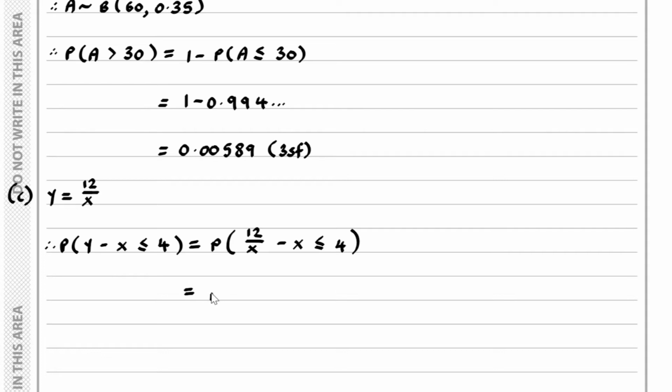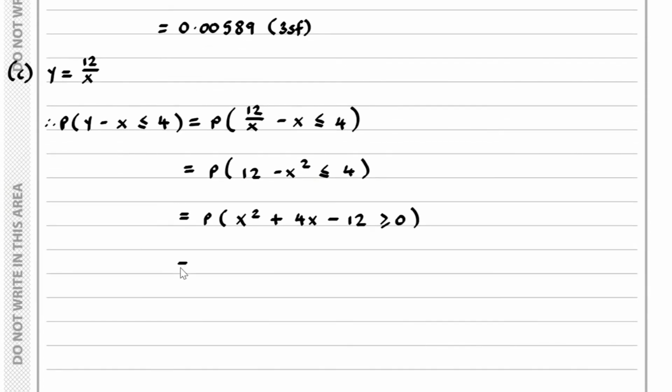So we've got the probability of 12 minus x squared being less than or equal to 4x, which is the same as the probability that x squared plus 4x minus 12 is greater or equal to 0.